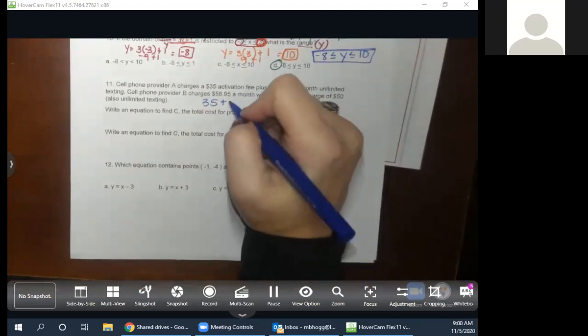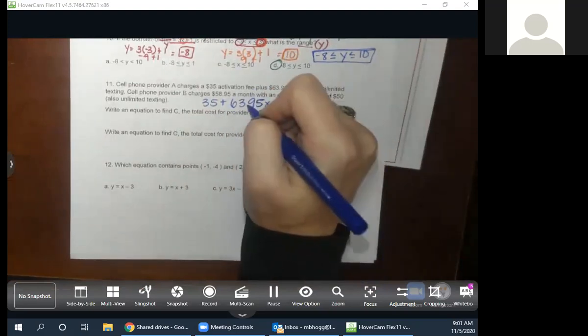Cell phone provider A charges $35 activation fee. Oh, if you ever see fee, you should think to yourself, 35 plus something. That's the fee. We're setting up an equation is what they're wanting us to do, I bet. Plus $63.95 a month.